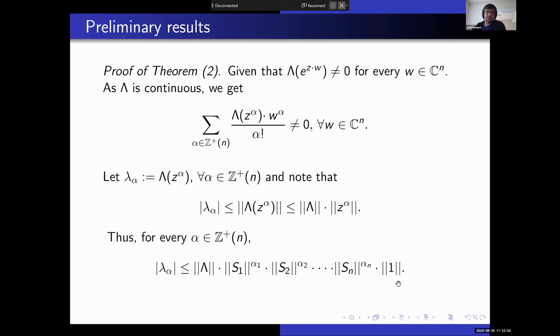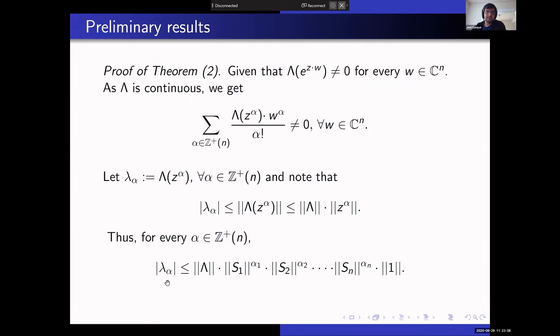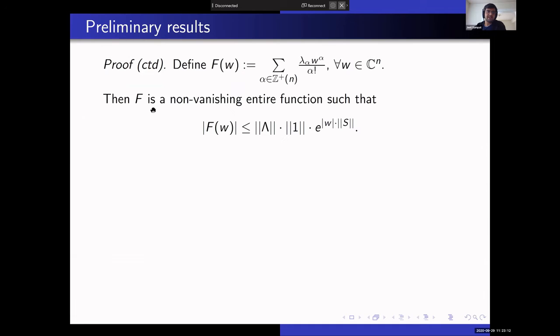Okay, why am I doing this? Well, now I'm going to convert this thing into an analytic function of w. So I'm going to look at this expression as a function of w instead. What do I get? If I define f of w to be this function, by the relation on the coefficients, I can conclude that f is a non-vanishing entire function such that this particular growth condition is satisfied.